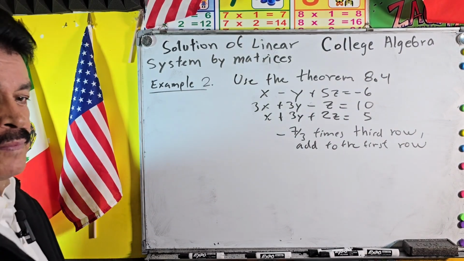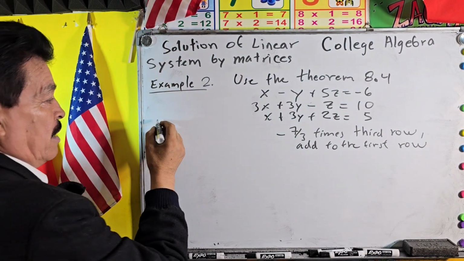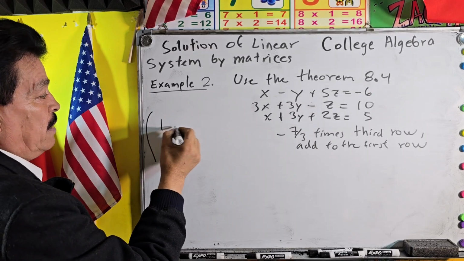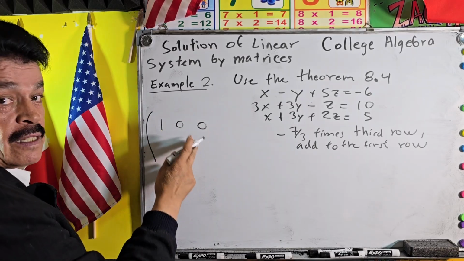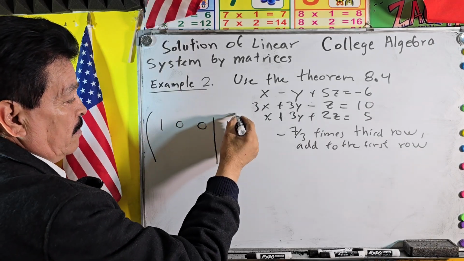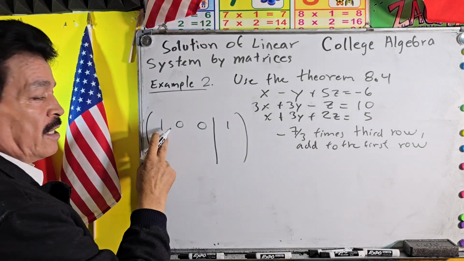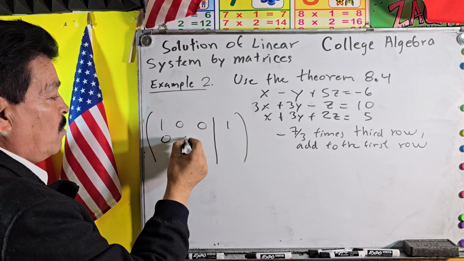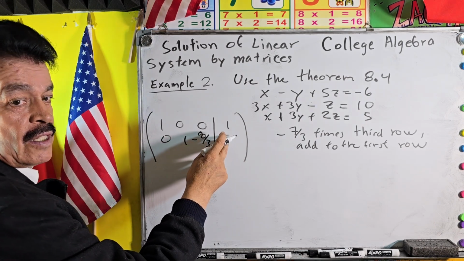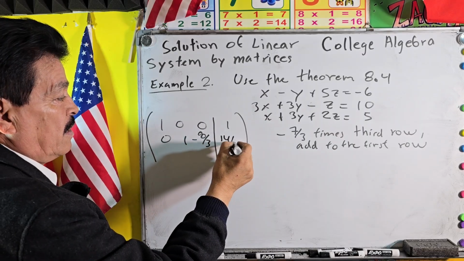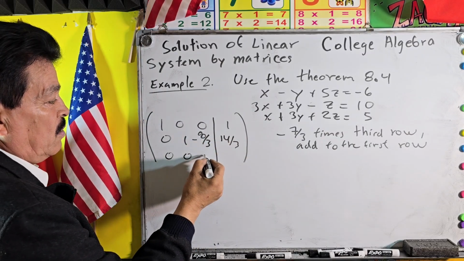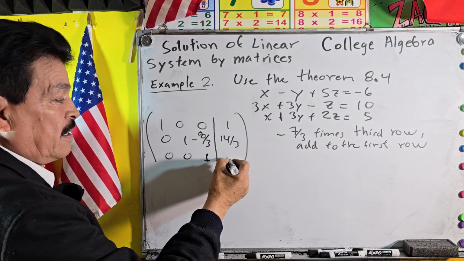Okay, so then we will have, let me write right here our problem. 1, 0, 0, right? 1, 0, 0, because we needed this. So 1. The second line, 0, 1, negative 8. Third, here is 14. The last one, we will have 0, 0, 1. Negative 1.